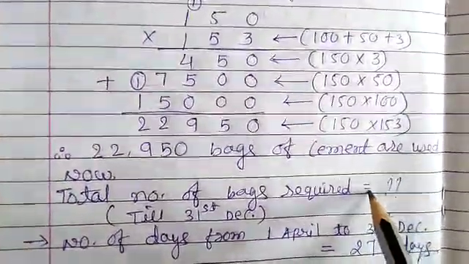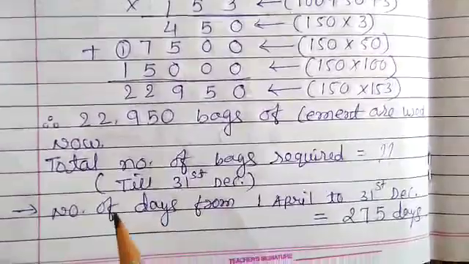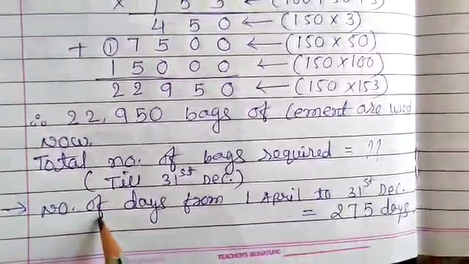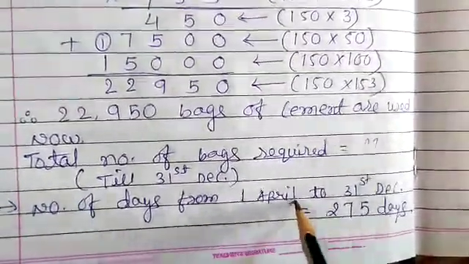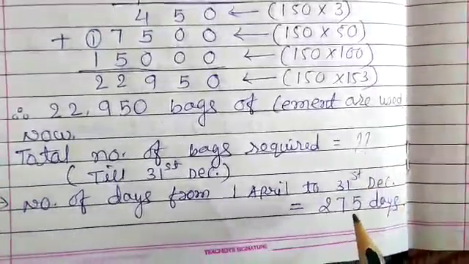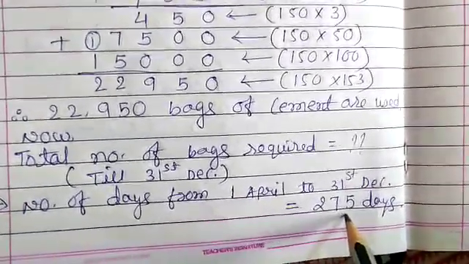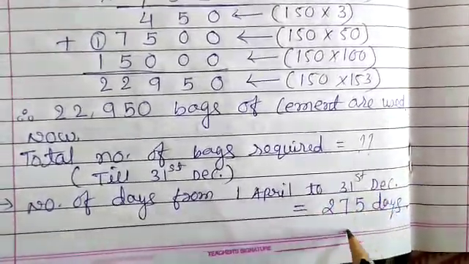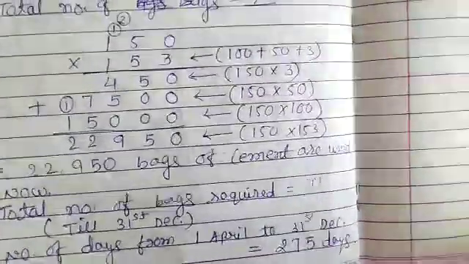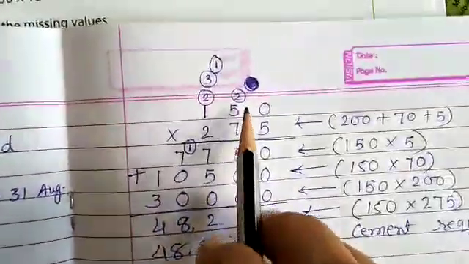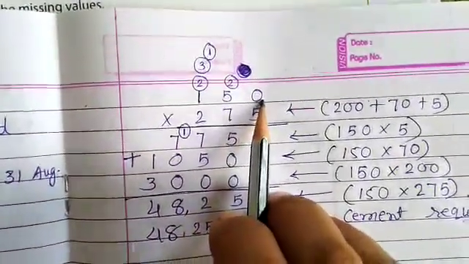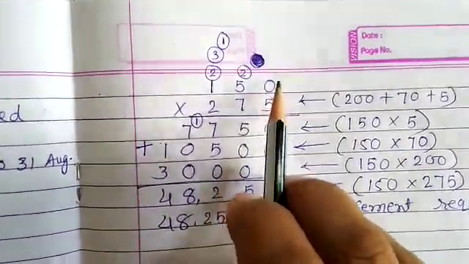One more thing is to be found, and for that also we will first find the number of days from 1st April to 31st December. I have found it month wise, and it is 275 days, right? Now we will multiply these 275 days by the 150 bags of cement used in a day.